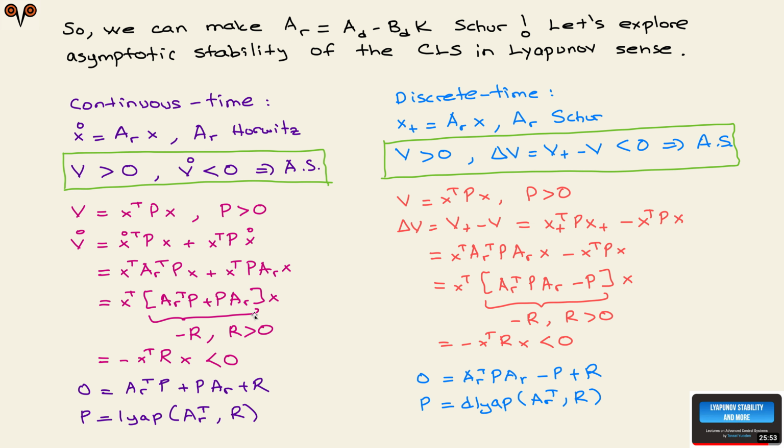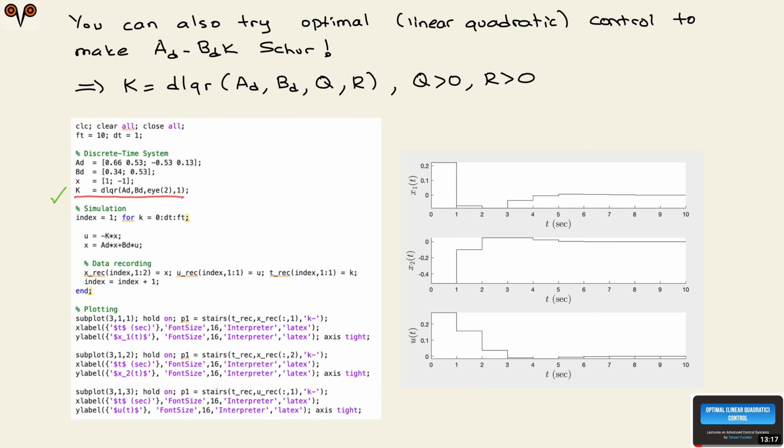Alternatively, if you don't want to tweak eigenvalues, but you want to tweak an optimal cost function, you can try optimal linear quadratic control, which in a sense works similarly to the continuous time version. You can review this video for optimal linear quadratic control for continuous time. It works more or less the same for discrete time.